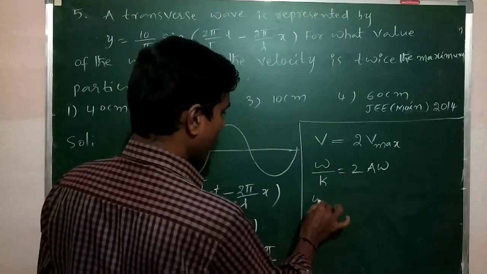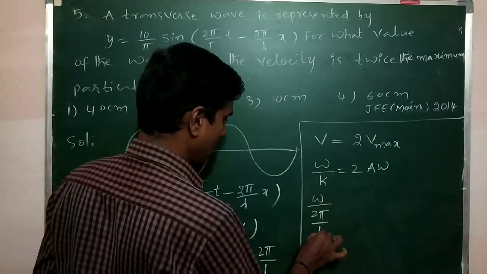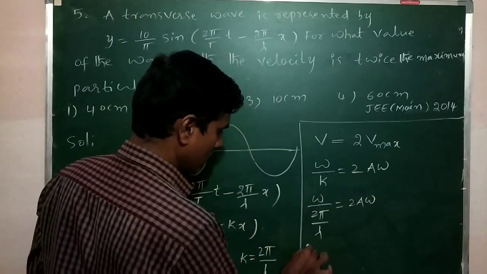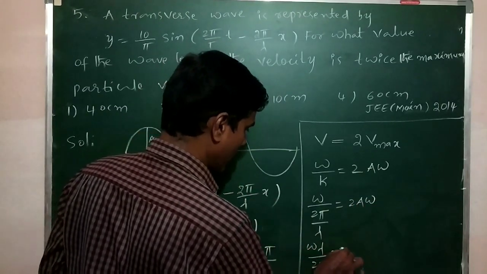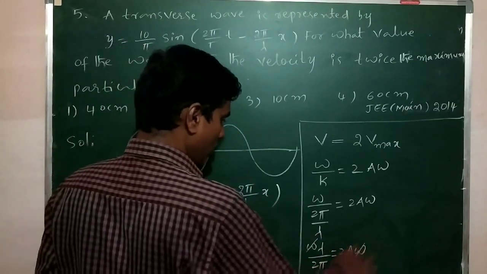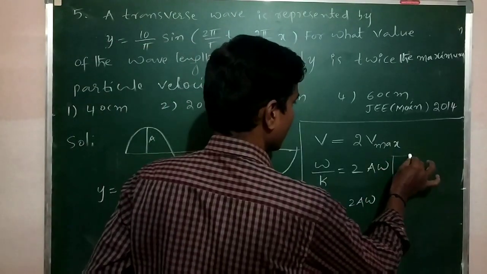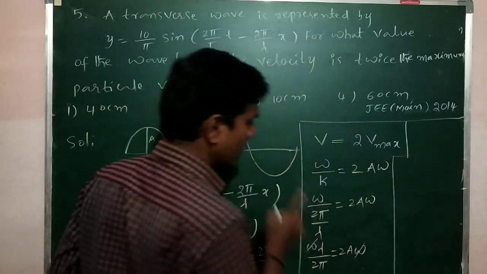Now omega by k is omega lambda by 2 pi, that is 2a omega. So omega gets cancelled.